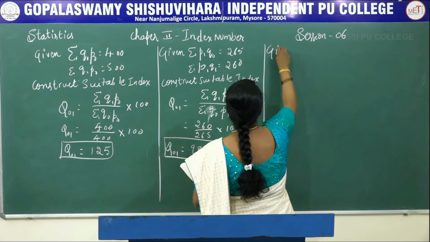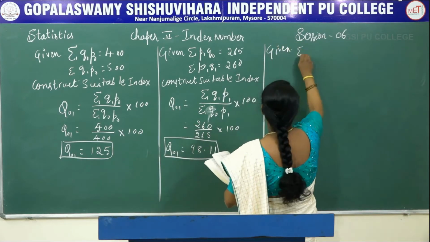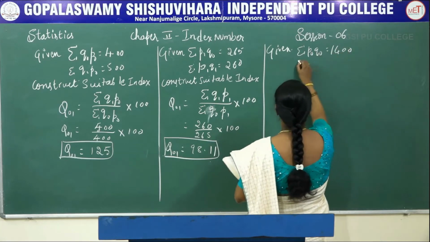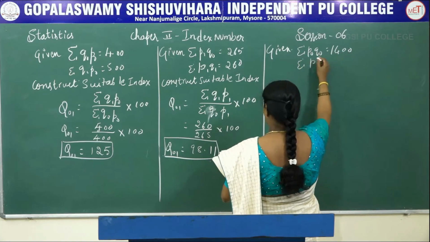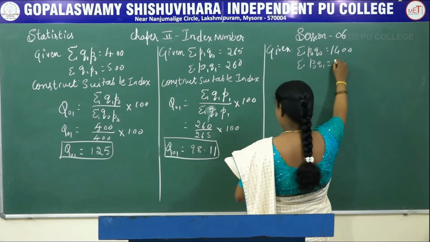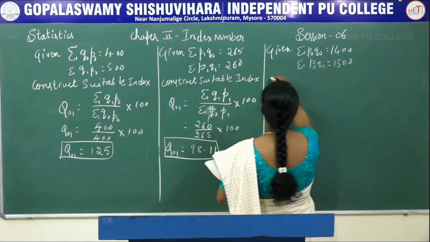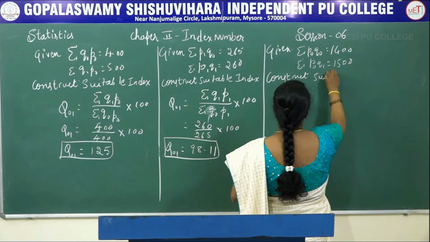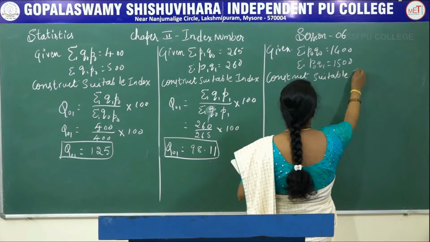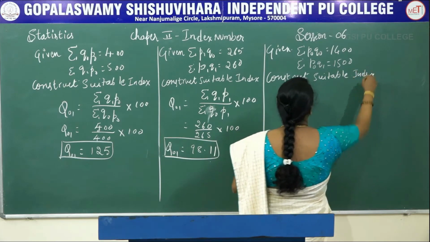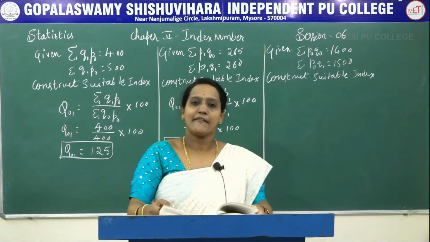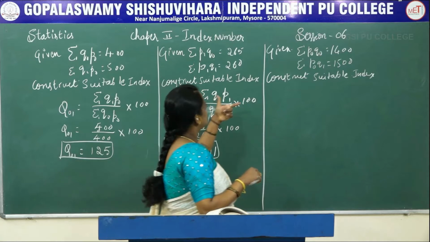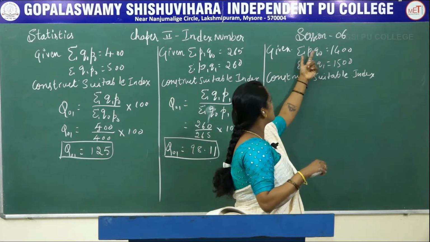Again they have given summation of P0 Q0 is equal to 1400, summation P0 Q1 is equal to 1500, construct suitable index. Again you have to observe the same thing as we did for the last problem. Here again the data is in the form of PQ.